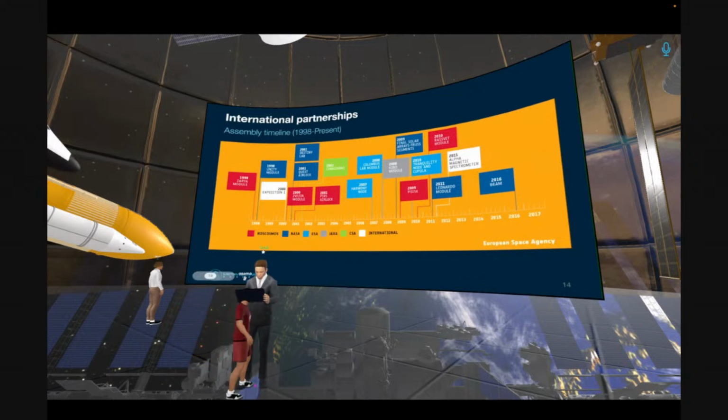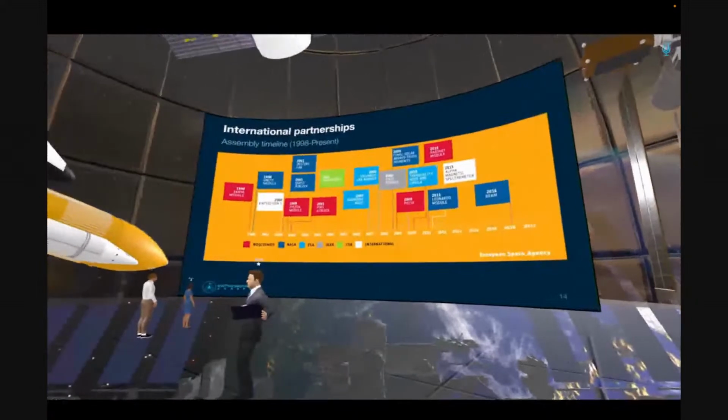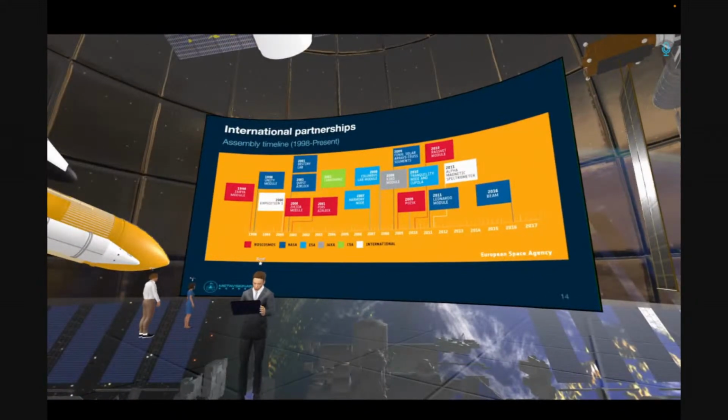So in red, you see all the contributions from Russia, and that includes the first module called Zarya, which means dawn or sunrise. The second module is called Zvezda. Does anyone know what Zvezda means in Russian? So Zvezda means star.